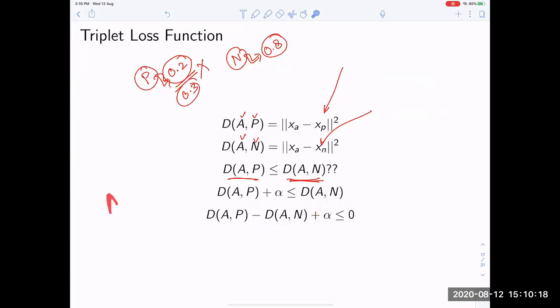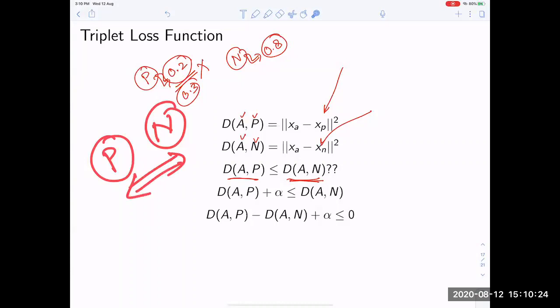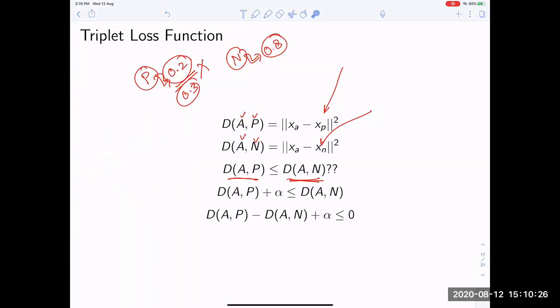A positive pair and a negative pair cannot come close. This is again social distancing, the same type of loss. If you have to maintain social distancing between this and this by a margin of this, then you just have to write a max function, max of 0, this thing.